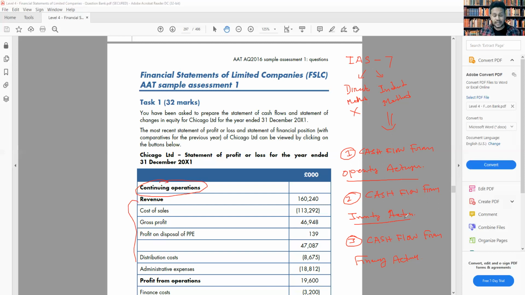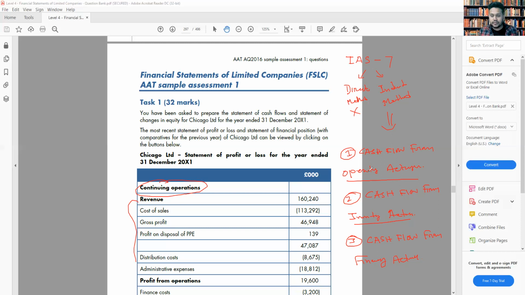So if I buy something, money has to go from the business. So all we have to consider for this cash flow question is whether money is going from the business or money is coming in. So is it inflow or is it outflow? If we understand that, our life will be very easy. If it is inflow, it is plus. If it is outflow, it is minus. So this is number one thing.